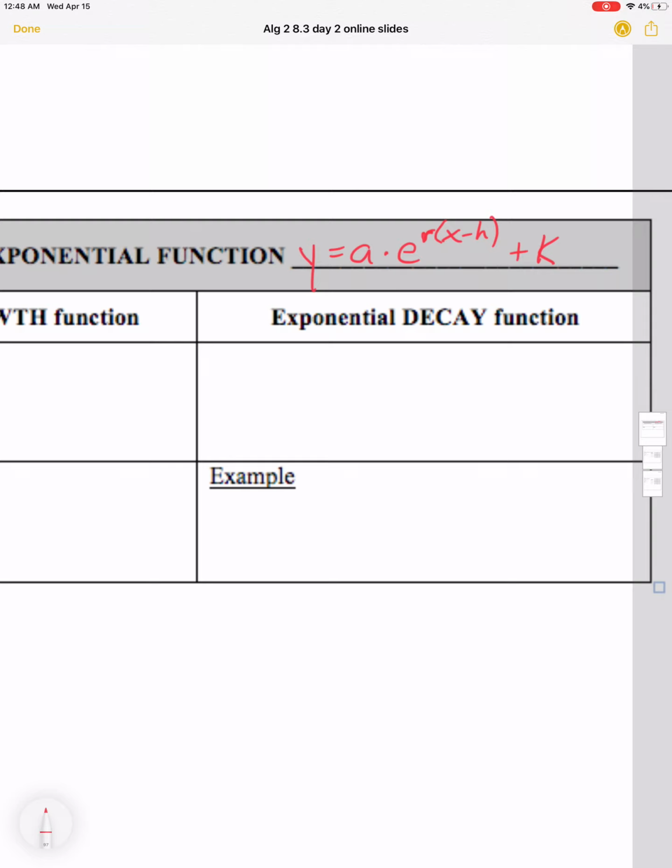But we have an r now, and instead of just a to the x minus h power, we have an e. So just a little bit of reminder, the asymptote is y equals k.